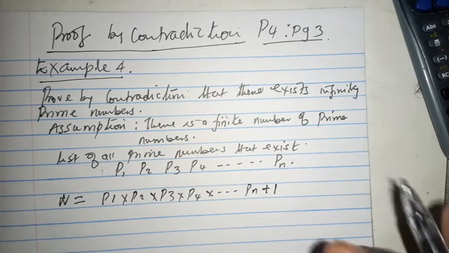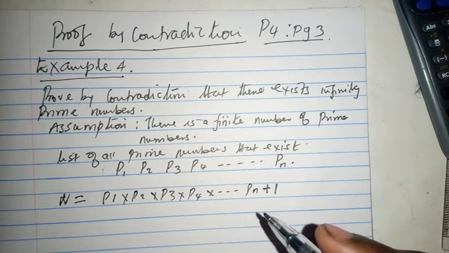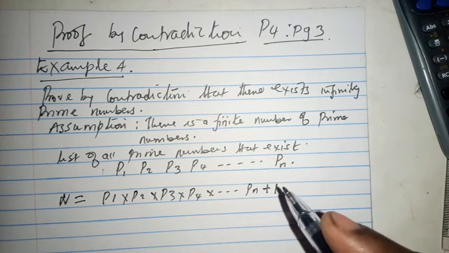The reason why we have added 1 is to prove that there exist infinitely many prime numbers.